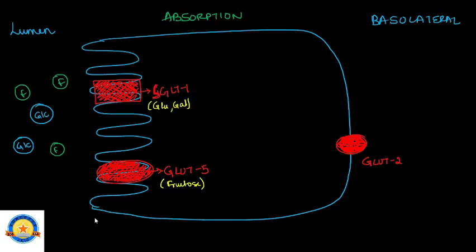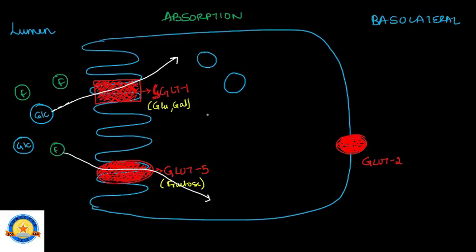What does it do? Now just see the glucose. The glucose is taken by this transporter and thrown inside. The galactose is also thrown inside. Fructose is taken by this and thrown inside. So now, inside the cell, what is happening?